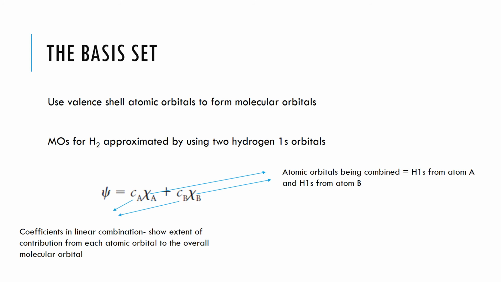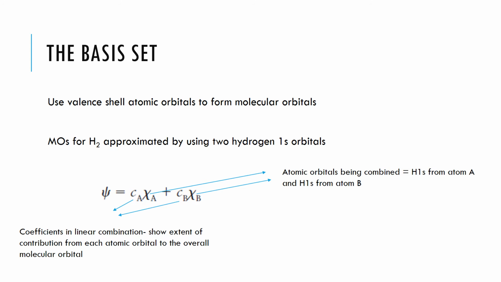And we can describe those as a wave function, but I want you to think about this qualitatively. I don't want us to worry about the mathematics here. I just want us to think about what is overlapping and what is being formed as a result of that overlap. But you'll see there that you can describe the molecular orbitals, in this case for molecular hydrogen, as the overlap of two hydrogen 1s orbitals.